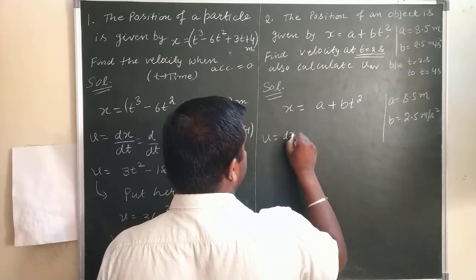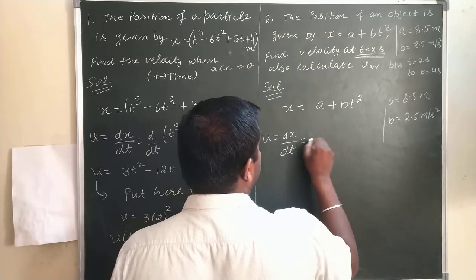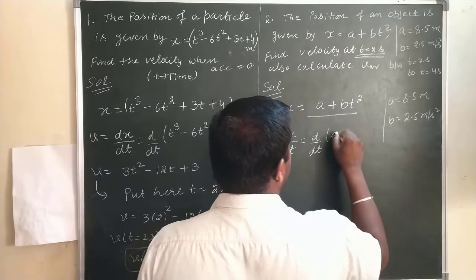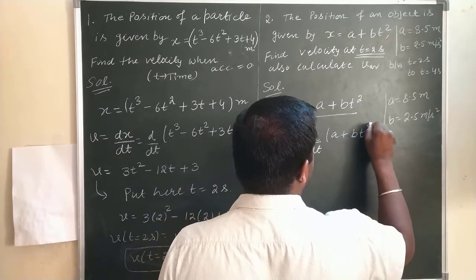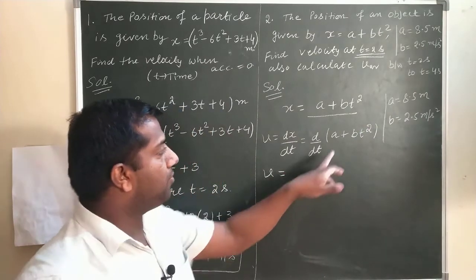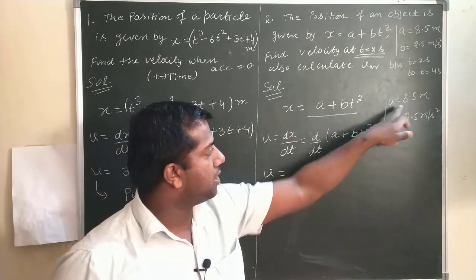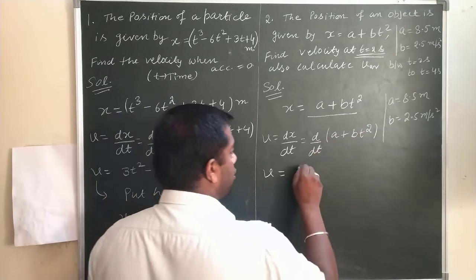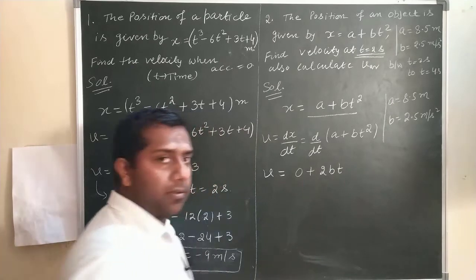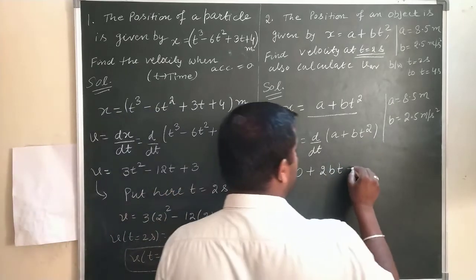This is simply dx by dt, and dx by dt means d by dt of x. x is a plus b into t square. So what is the derivative of this term? a is constant, so its derivative is 0, plus bt means this is 2bt. Clear? So what is b? b is 2.5.